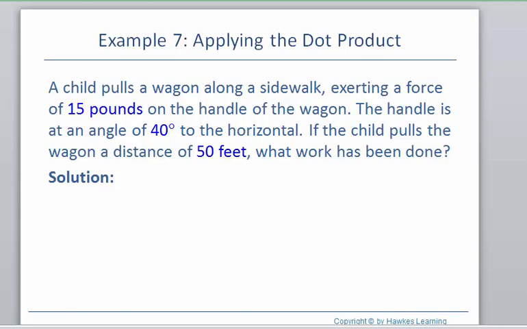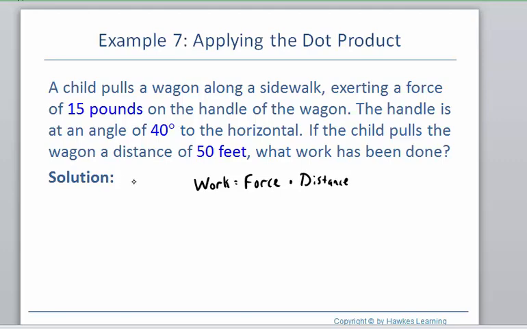So what we want to remember is that when we are calculating work, we can find work by taking the force and looking at the dot product with the distance. So given that formula, I need to write a vector for the force, and I need to write a vector for the distance. Okay, so let's work on doing that.